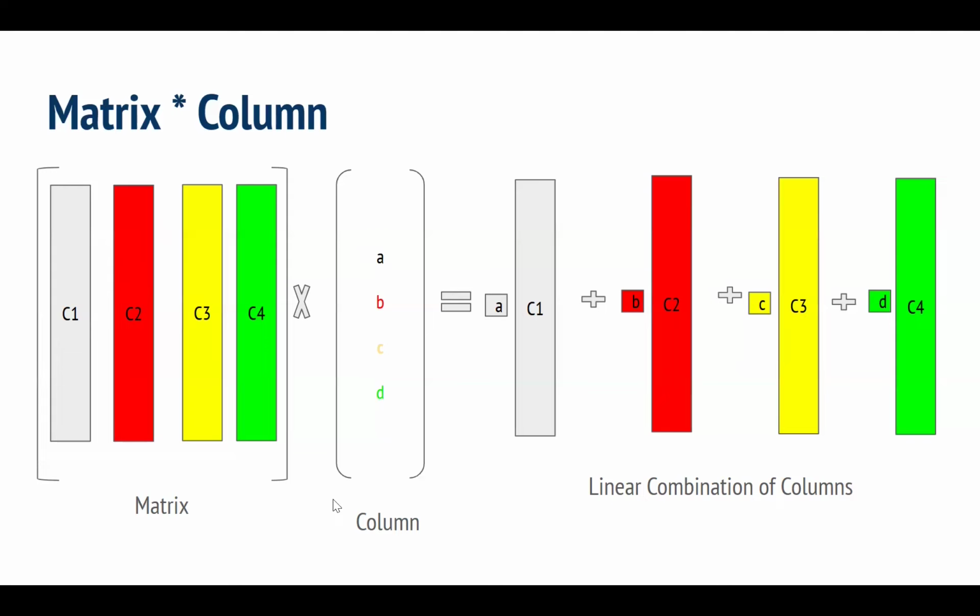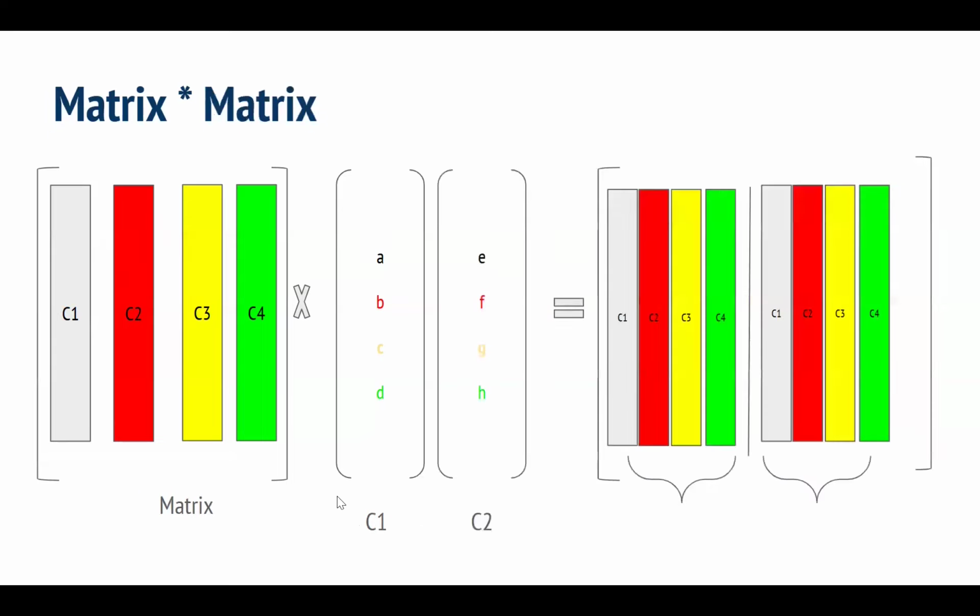So we'll always see matrix multiplication as multiplying a matrix on the left by a column on the right. What about if you multiply a matrix by another matrix? It is actually the same mental model and the same approach. We always multiply a matrix by a column, and then you multiply the matrix by the other column, and then we just combine them in a nice resultant matrix.